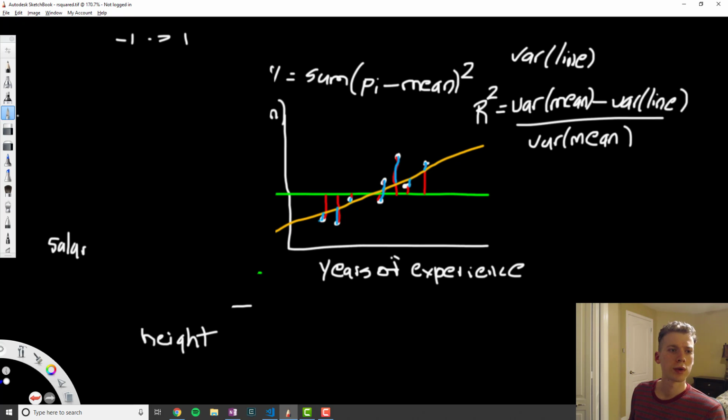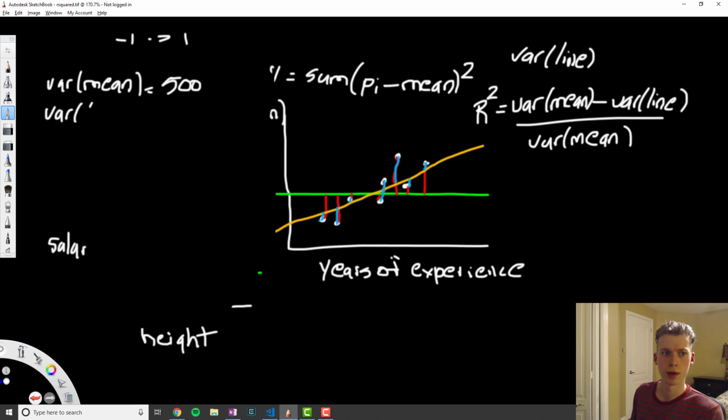All right, so suppose that we calculated the variance of the mean to be, let's say, 500. And then the variance of the line, because it fits our data better, is going to be smaller.